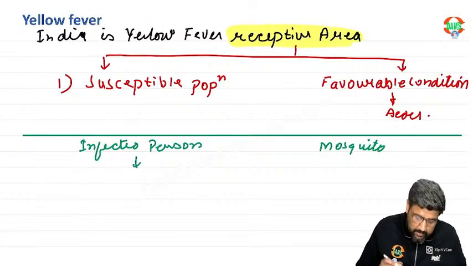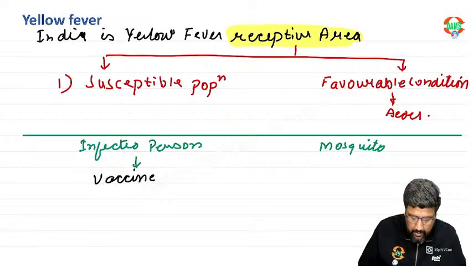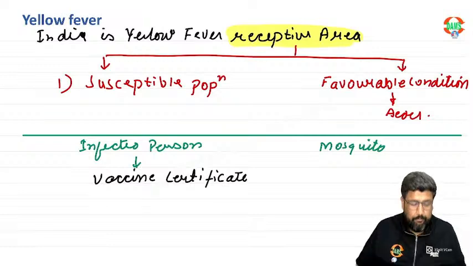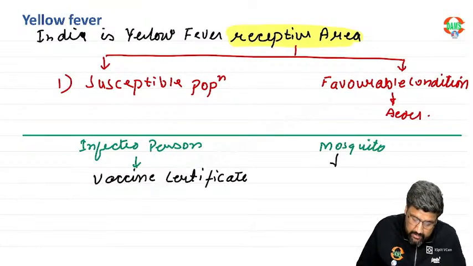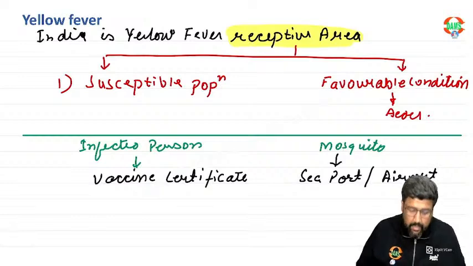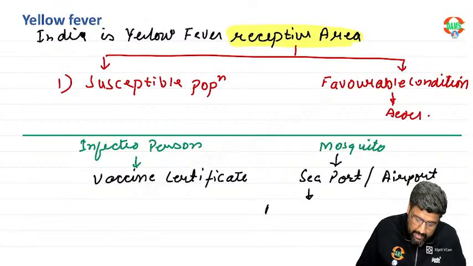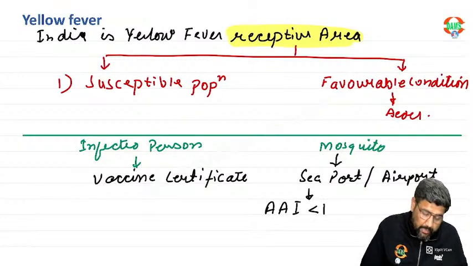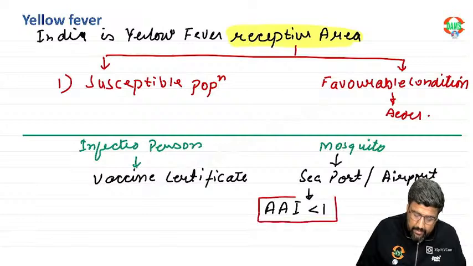For the infected person, we have some rules. The rule says vaccine certificate: we will not allow anyone without a vaccine certificate. And the second rule concerns the mosquito: at all airports and seaports, we keep the Aedes aegypti index less than 1.